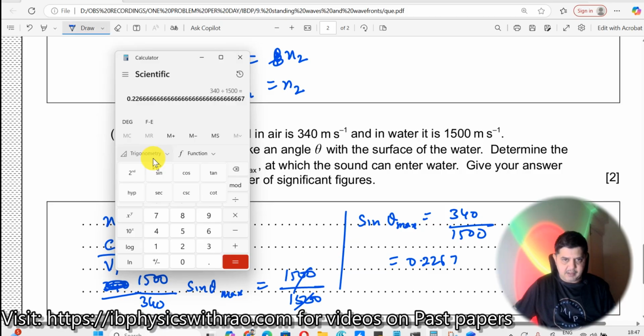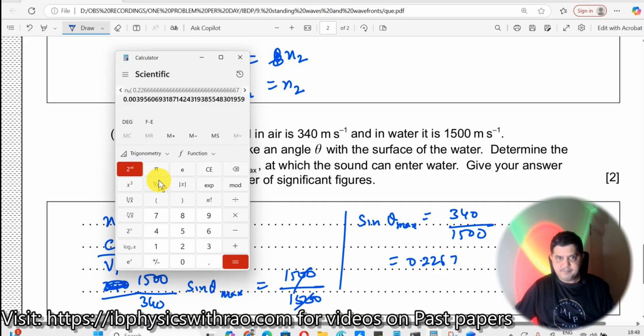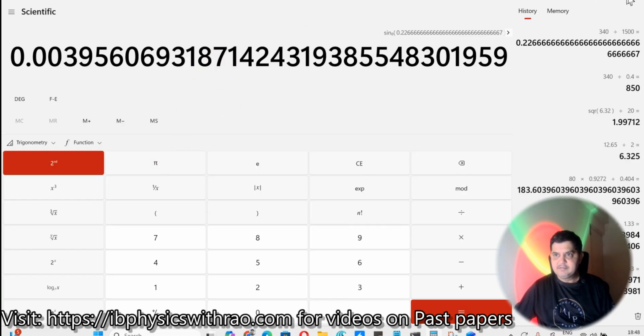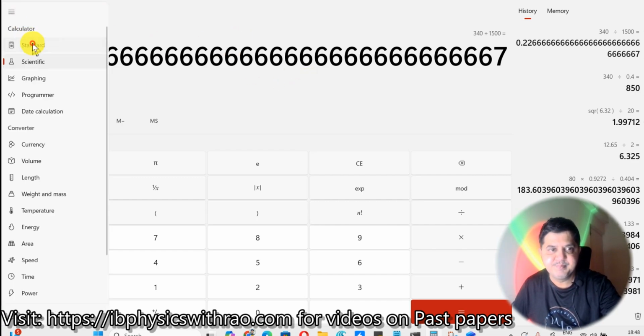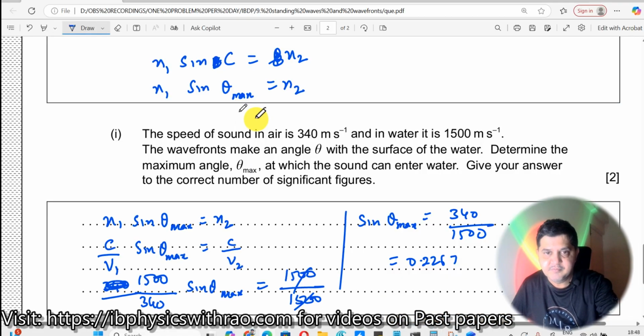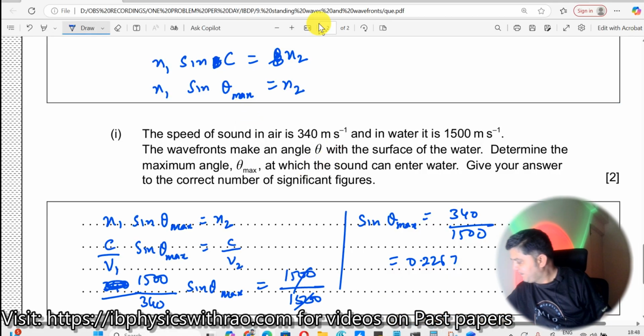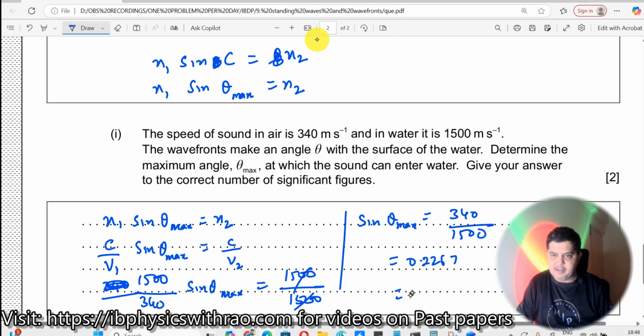You can use your trigonometry. And if you find out that 340 by 1500, then you will get theta max to be equal to 13 degrees. Okay, find out using your GDC.